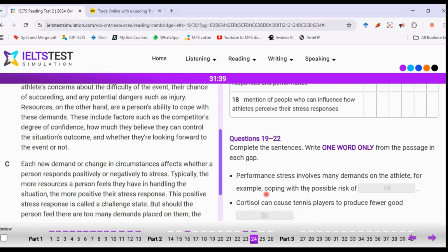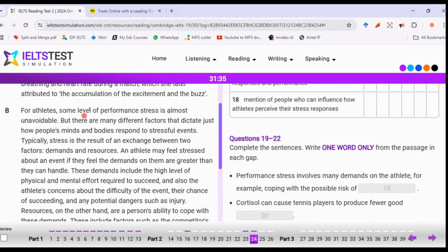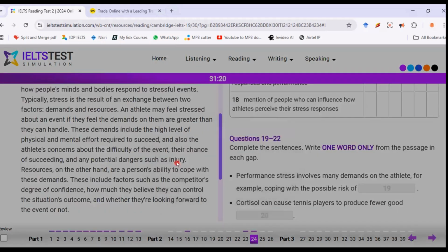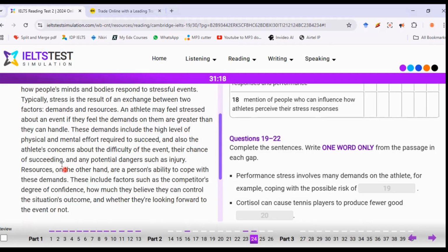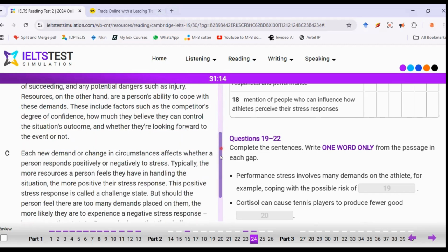For example, coping with the possible risk of what? Stressful events. An athlete may feel stressed if possible risk of stuff is not here. Let me go to the next paragraph.